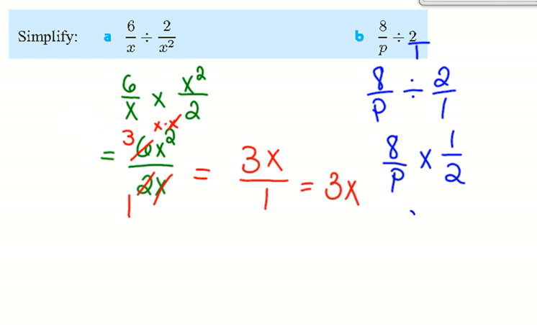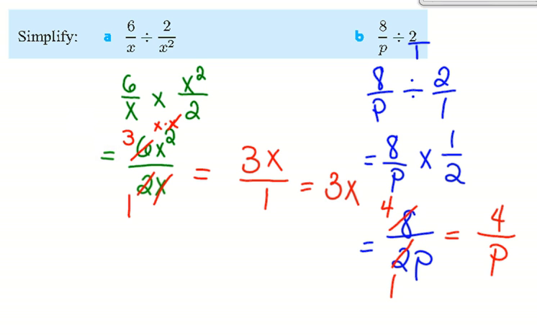And we can multiply straight across, so we get 8 times 1 is 8 over 2p. And we look for any terms we can cancel, and we know that 8 is divisible by 2. 8 divided by 2 is 4, and 2 divided by 2 is 1. So we have 4 over 1p.